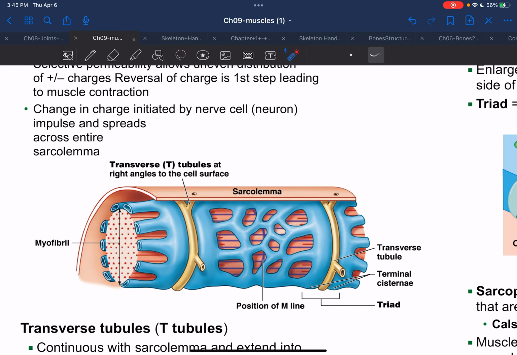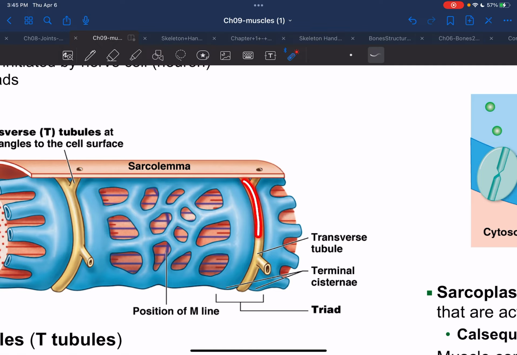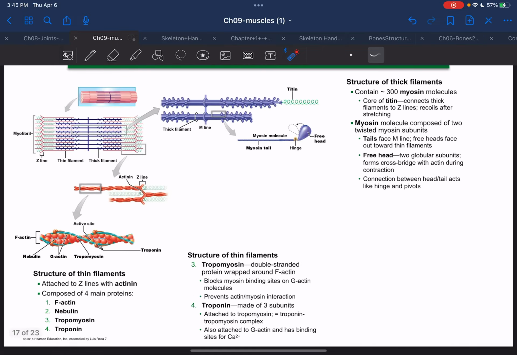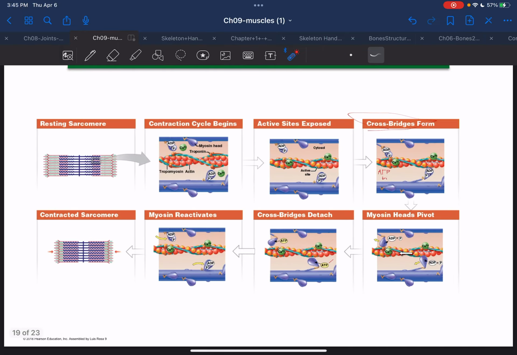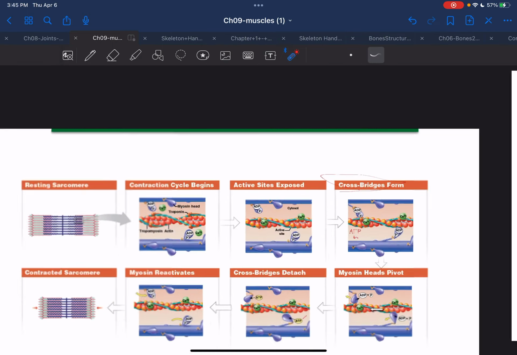Sodium. So when sodium enters that cell and sweeps through, then it causes the release of what other ion? Calcium. So that's what I meant by, they send a signal down. That signal is sodium, right? That's what happened. Acetylcholine caused sodium to sweep through the T tubules, and that alone caused the release of the calcium to finally cause the interaction between the thick filament and the thin filament.